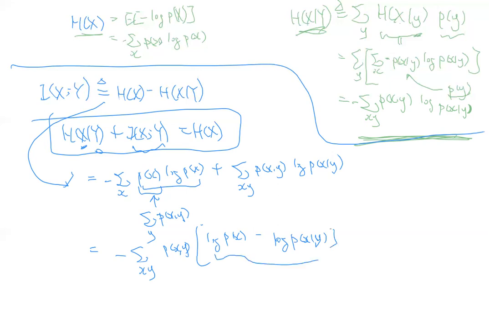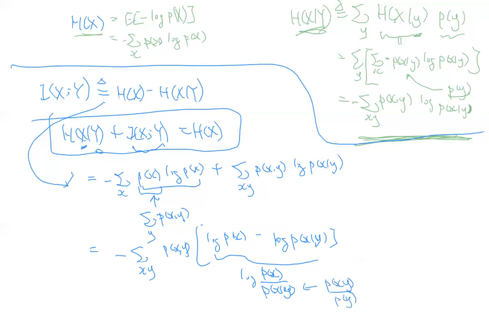And I can use Bayes' rule: p(x|y) is written as p(x,y) over p(y).